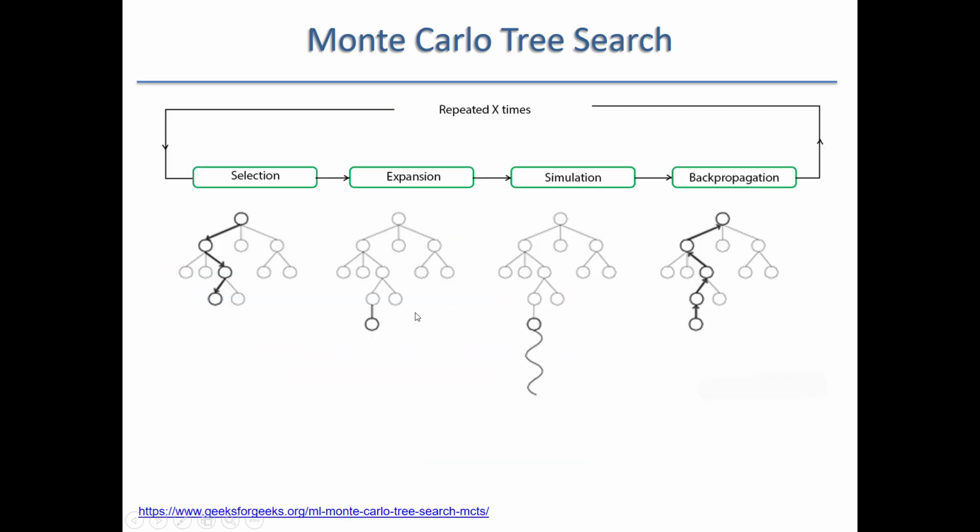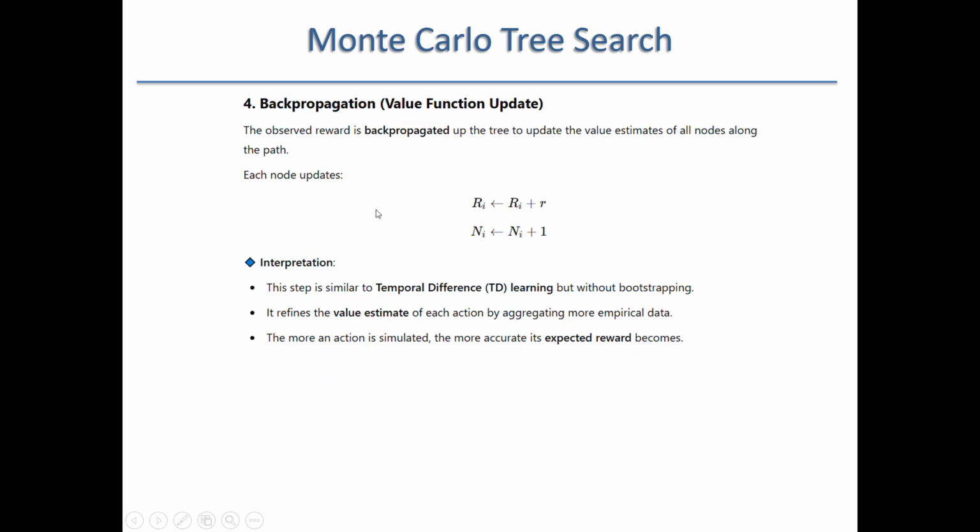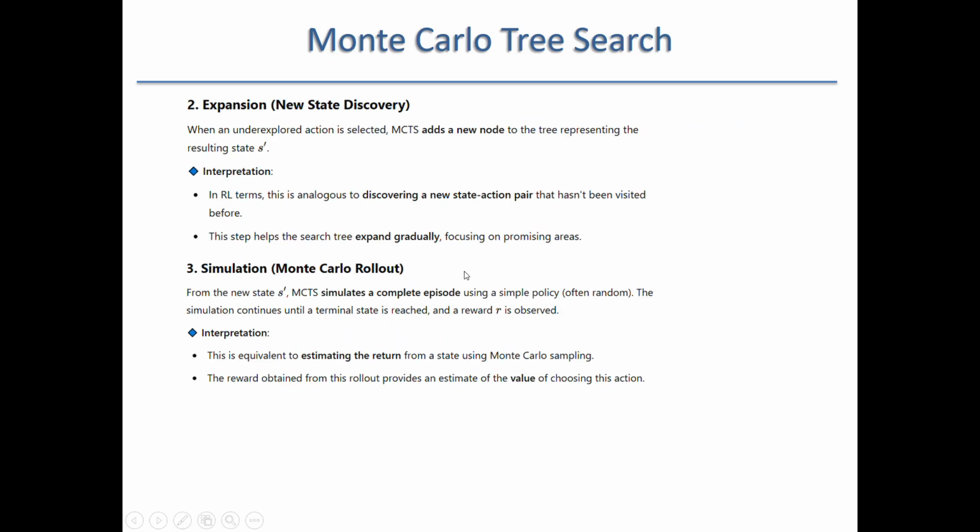We choose an action, we have a new state, then we simulate from there, and we will back propagate. We simulate until we reach a terminal state.